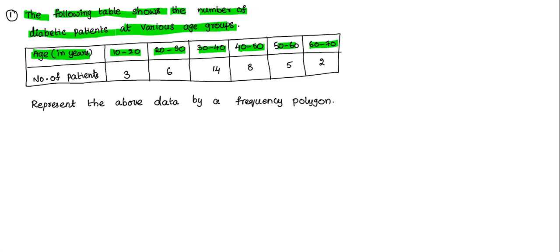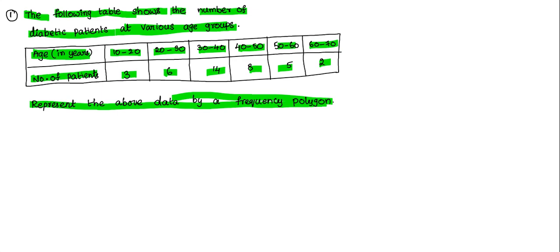And the number of patients is given as 3, 6, 14, 8, 5 and 2. We need to represent this data by a frequency polygon.